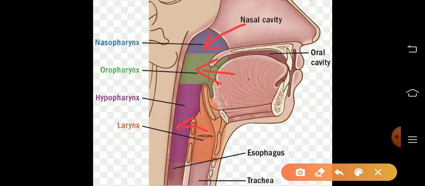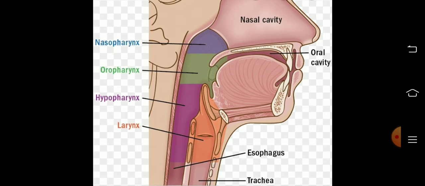Okay, now let us study the boundaries and relationships of the pharynx. As I told you already, the extent of the pharynx is from the base of the skull till the esophagus. But when you look at the boundary of the pharynx, we really have to learn it in detail, right?